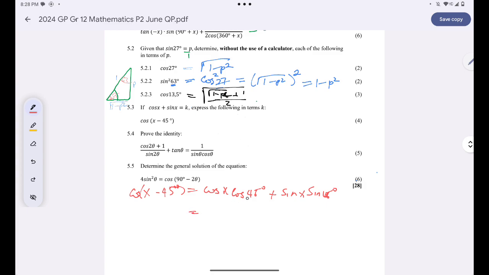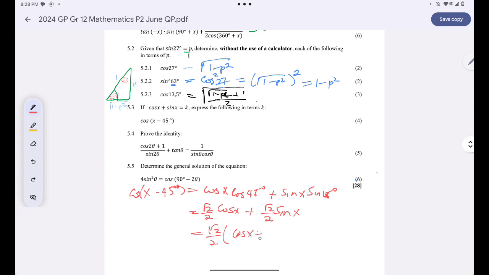Cos 45 will give me root 2 over 2. Then I'll still have cos x. Sine 45 will also give me root 2 over 2. Still have sine x. I can take out a common factor, which is root 2 over 2.